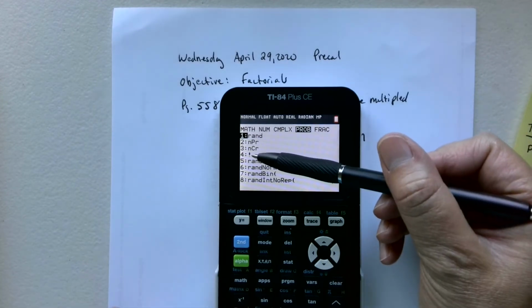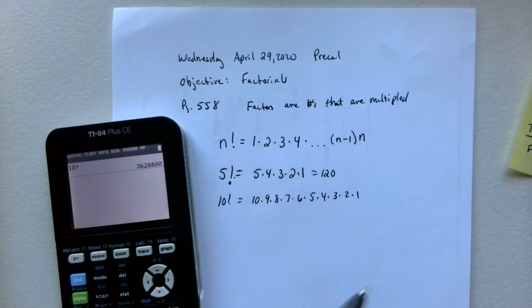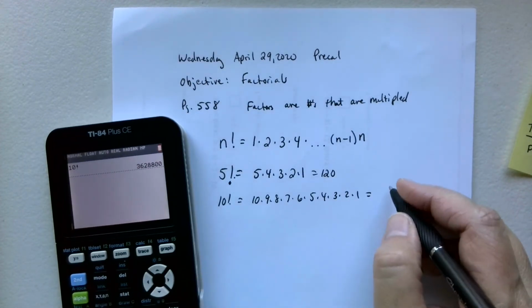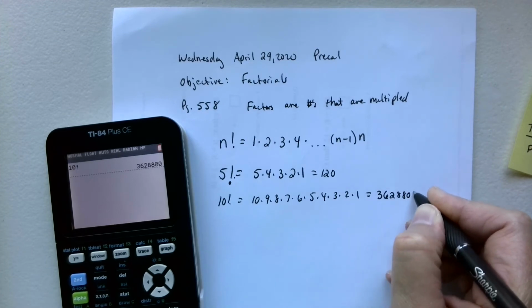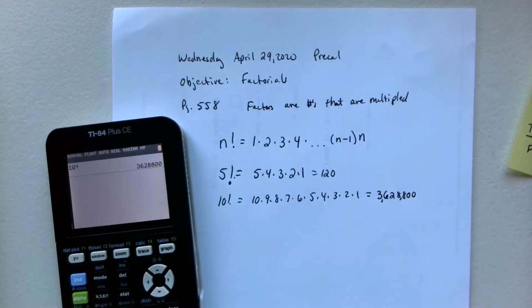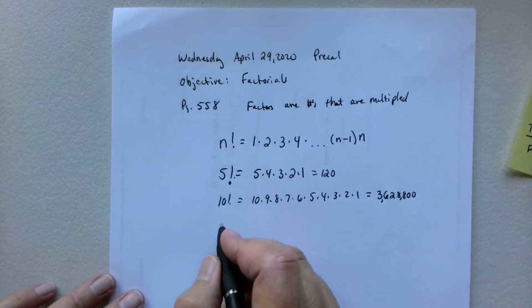And there you see the exclamation mark. So 10 factorial is going to take 10 times 9 times 8 times all the numbers smaller than it, and it's going to come out with 3,628,800. So you can use your calculator, but you've got to know what the calculator is doing, as always.